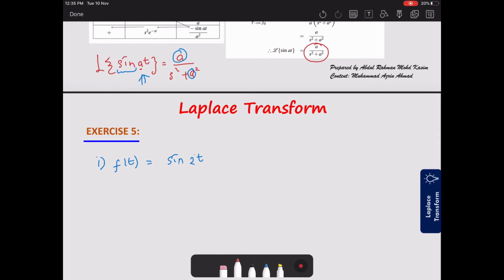So this is your a. You want to Laplace that function, and you will get directly the answer. a is 2, and then you have s squared, plus a squared. So now your a is 2. This is the answer.